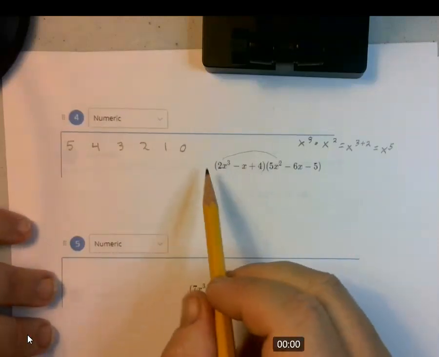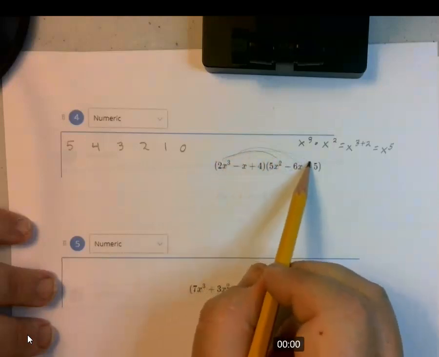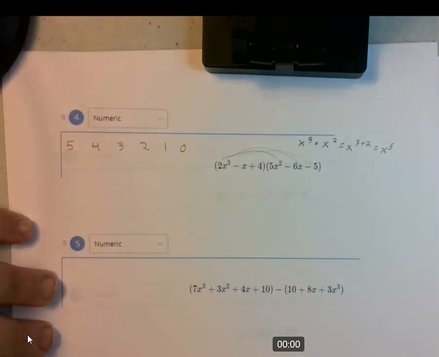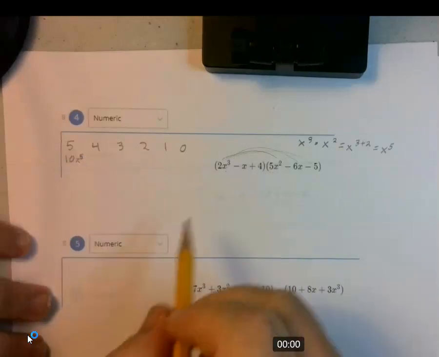Okay, so let's go ahead and get started. So it's going to be this to this, this to this, and this to this. I'm going to do this one silently so it'll speed ahead a little faster on the video. Okay, so here we go.